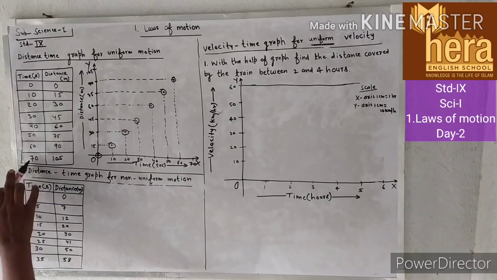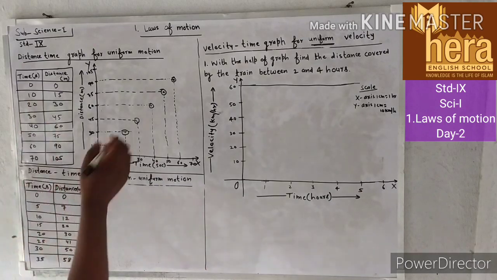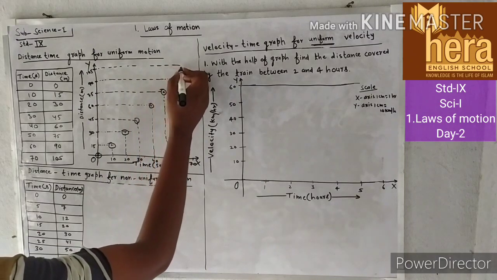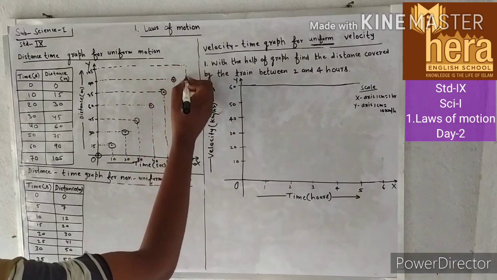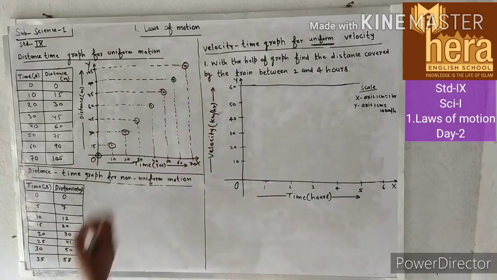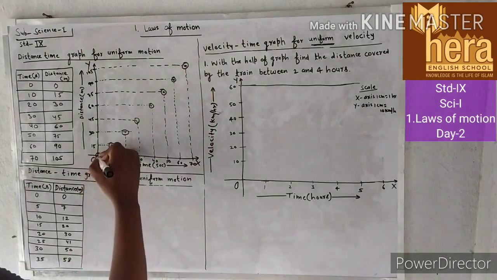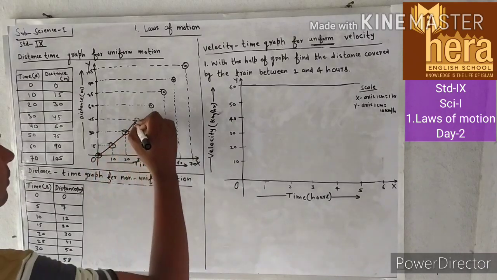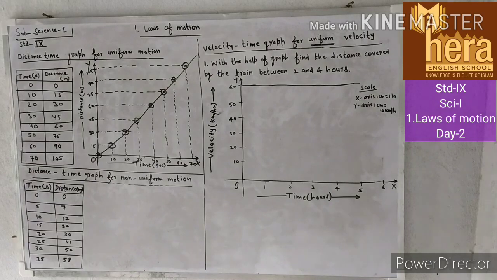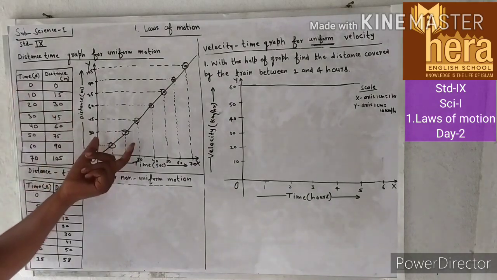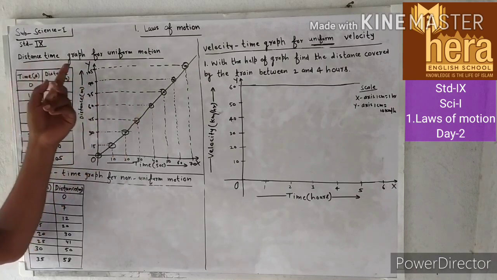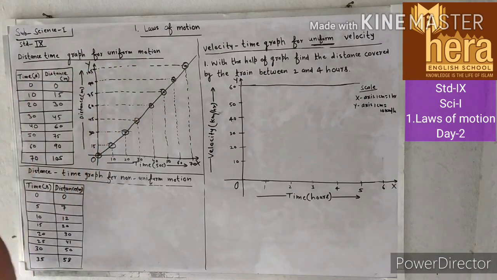And t is equal to 70 second, distance is 105. So now you have to join all the points. So this is the graph of distance time. This is distance time graph for uniform motion.